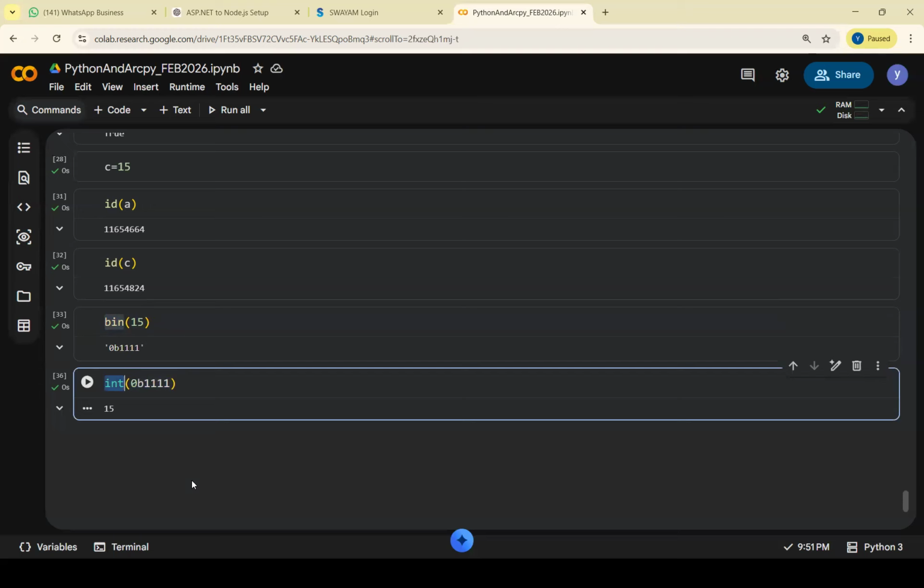Okay. Normally, we will rarely get an opportunity where we are going to work with binary. Some scientists or that kind of people sometimes use binary.